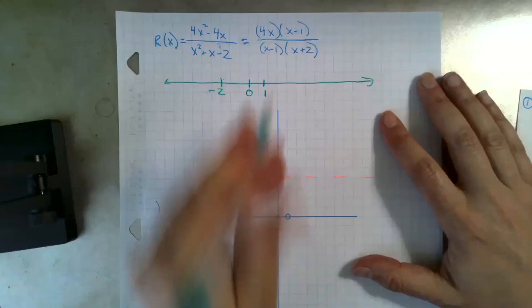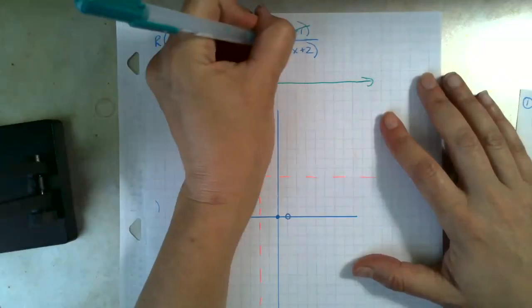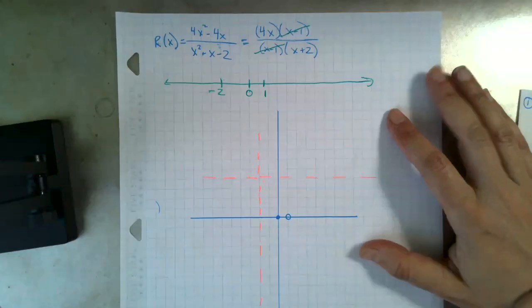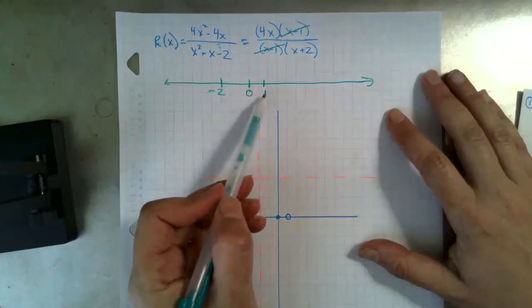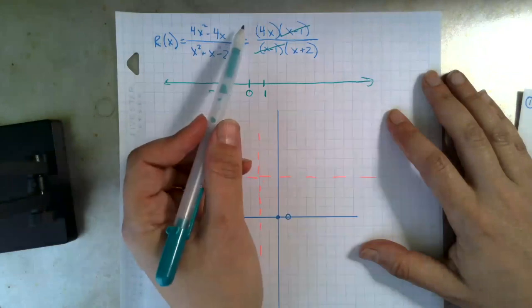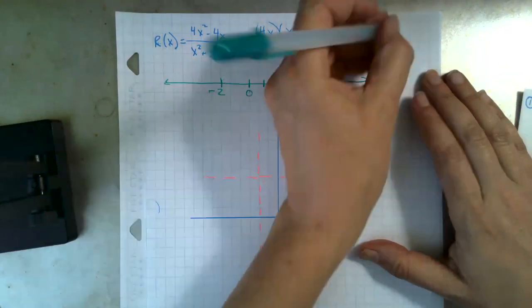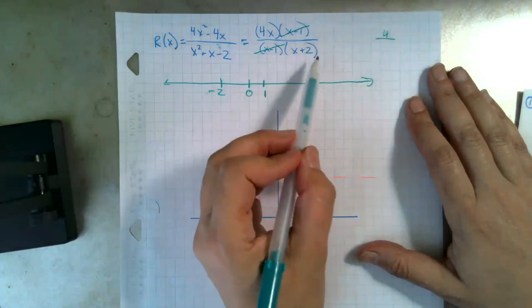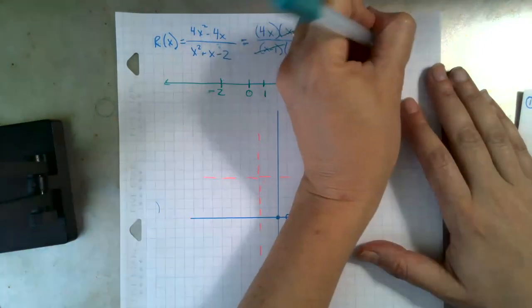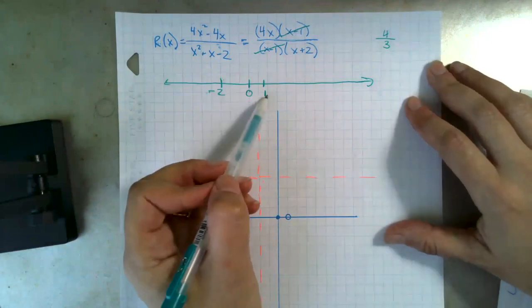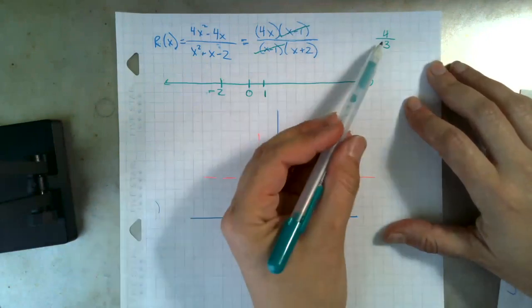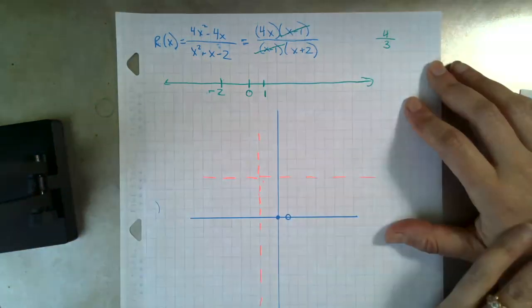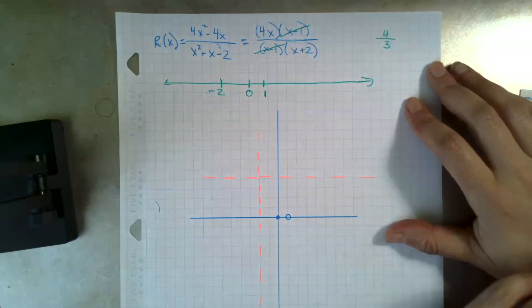Because we have this on the top, it's essentially like those two factors cancel. And when we put 1 into what's left, 4 times 1 is 4. 1 plus 2 is 3. So at the point 1, we would have the value 4/3, except we don't, we have a hole.